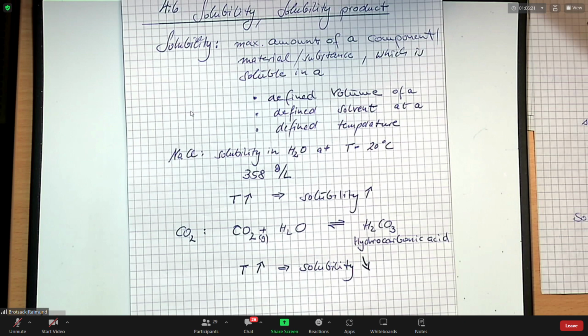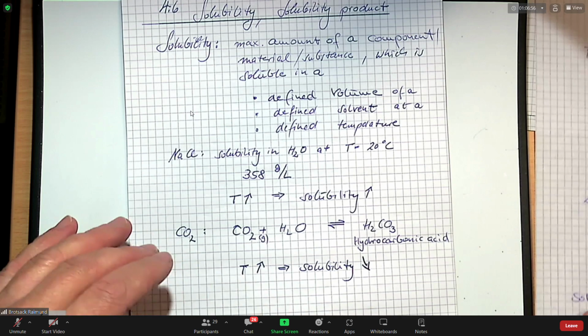But when it has time and it's cooling down to 20 degrees, at some time, you again have 358 grams dissolved, and the rest as crystal particles on the bottom. But in that intermediate phase, when it's cooling, you can have more dissolved than possible, because it takes a while until it's crystallizing. And that is what we call an oversaturated solution.